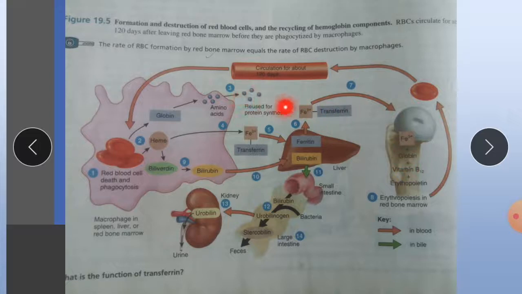These globin molecules can be taken back from our blood and attached to the heme, and again it will form hemoglobin, responsible for the production of RBC. So in our red bone marrow, the formation of RBC will again occur.